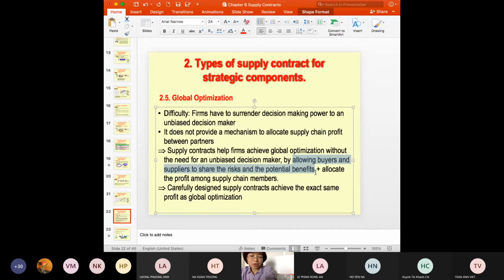If the supply chain has many partners, the contract doesn't mention how to share the benefits and also the risk among each partner.